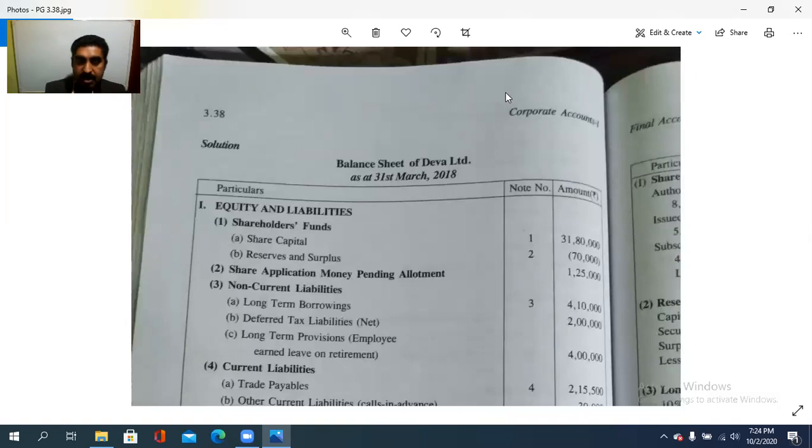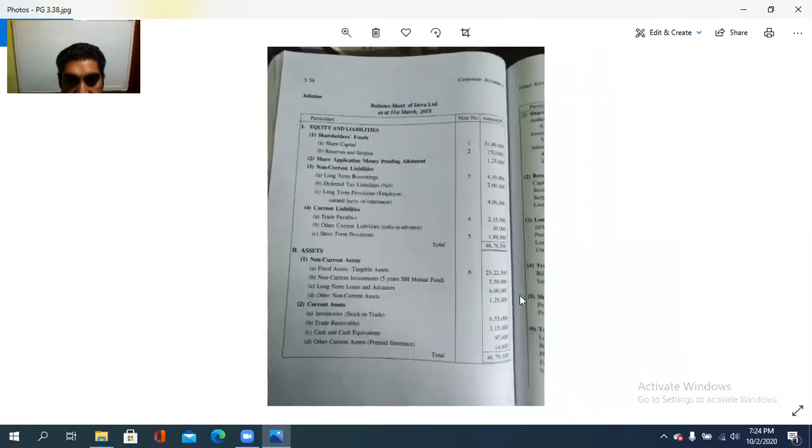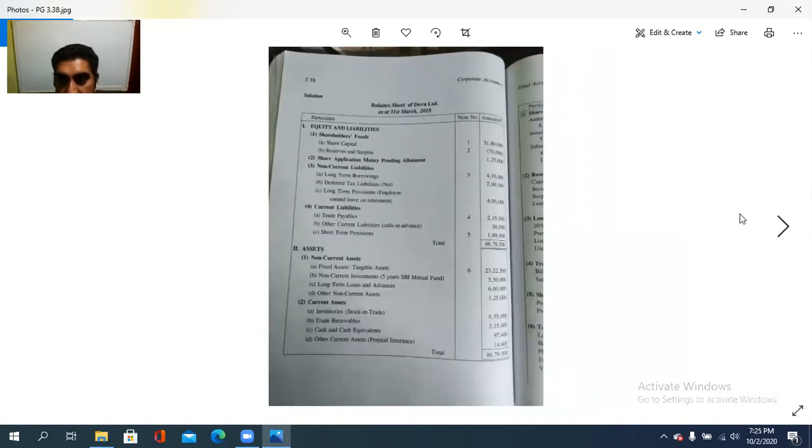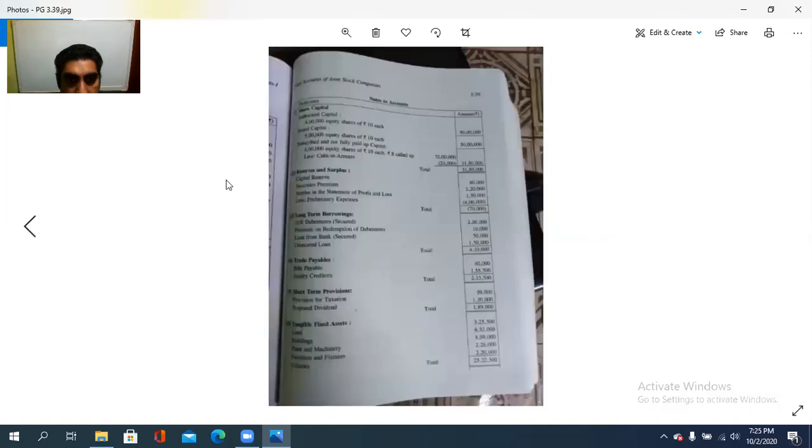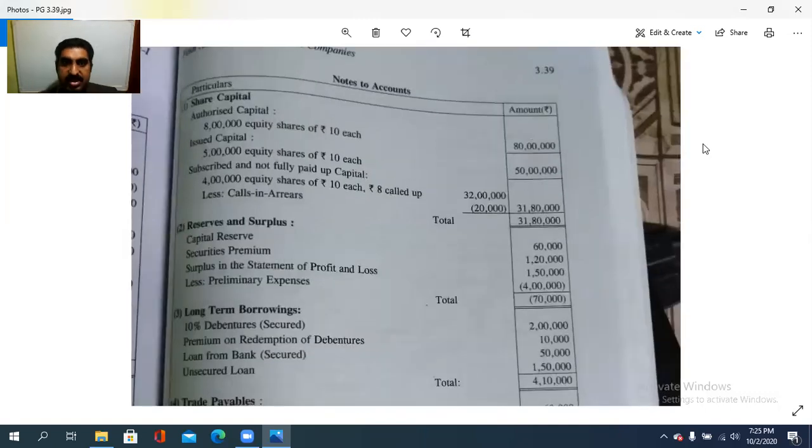Then for this problem, we need to prepare the notes to accounts because too many transactions are there. So how the share capital is to be coming as the first item, 31,80,000, we will check it. In the question, look, see, share capital, authorized capital 8 lakh equity shares of rupees 10 each, 80 lakhs.